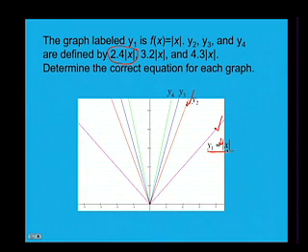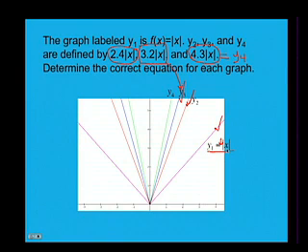When we take a look at that middle graph right here, we would have to take the equation that has the middle-sized coefficient. In other words, 3.2 times the absolute value of x would go for y sub 3. And then finally, of course, the 4.3 times the absolute value of x, that's going to equal our y sub 4. So that's how you would match those up.